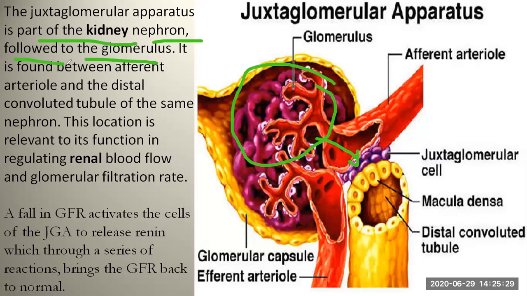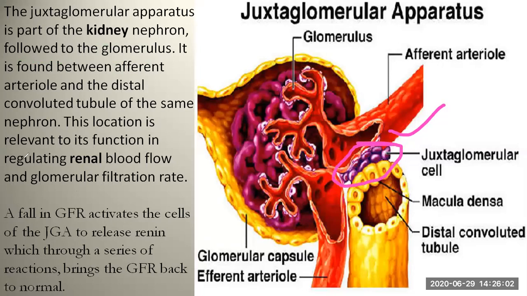Where is it located? It is found between the afferent arteriole and the distal convoluted tubule on the same nephron, meaning a single nephron. Afferent means the vessel which brings blood into the glomerulus region. In between the afferent arteriole and distal convoluted tubule, these are present.